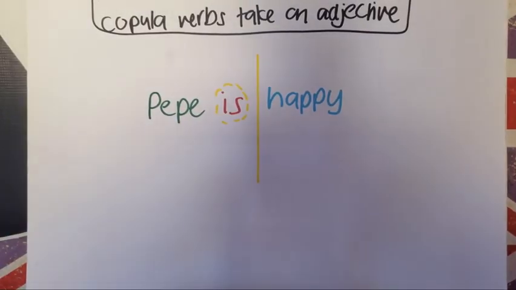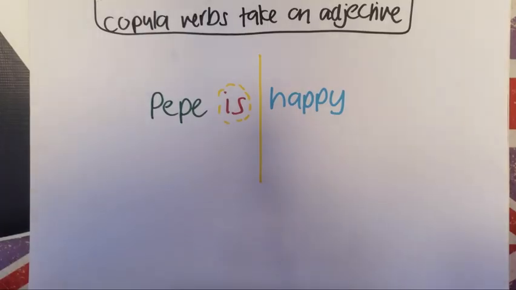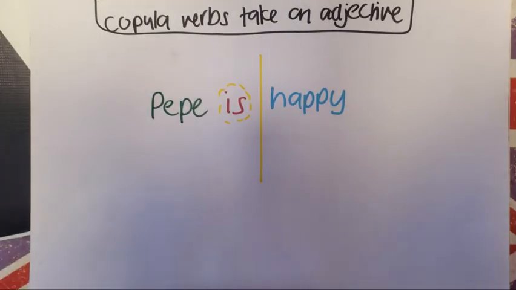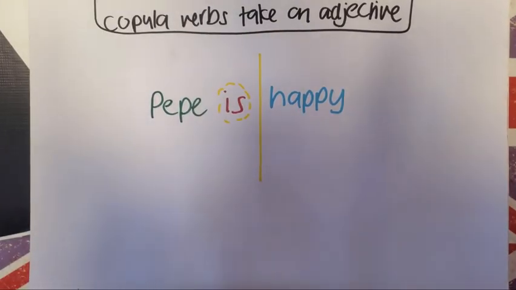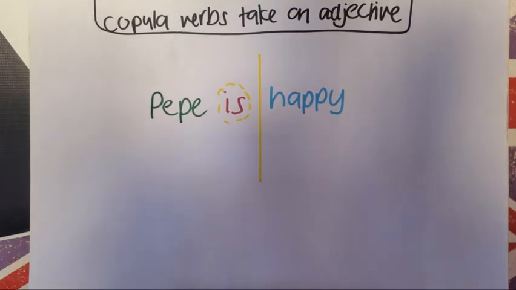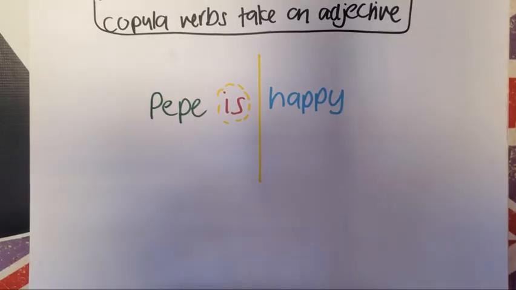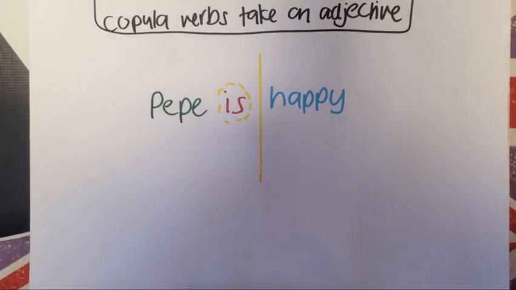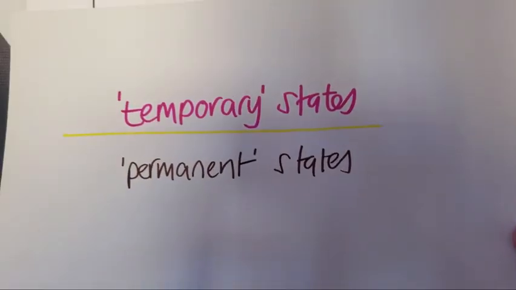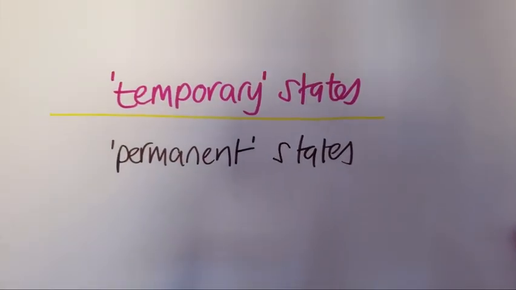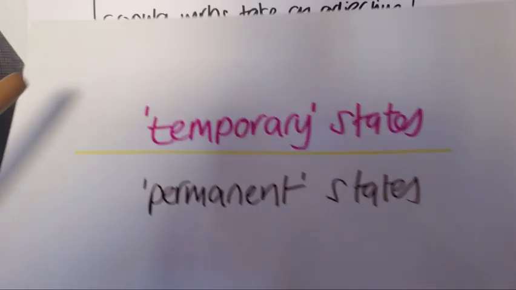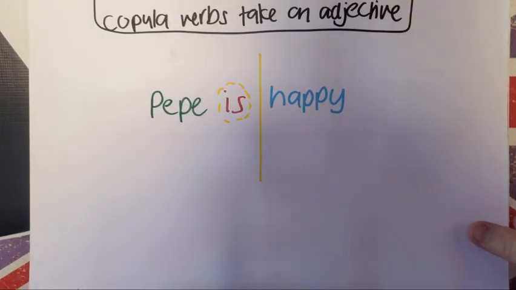This is the basic introduction to verbs. Here, we're going to get more complex, so try to keep focused. Pepe is happy. Now, is Pepe being happy a temporary state or a permanent state? Well, happiness usually is what we call a temporary state rather than a permanent state.